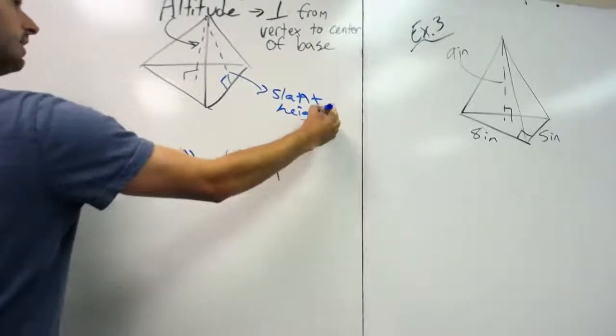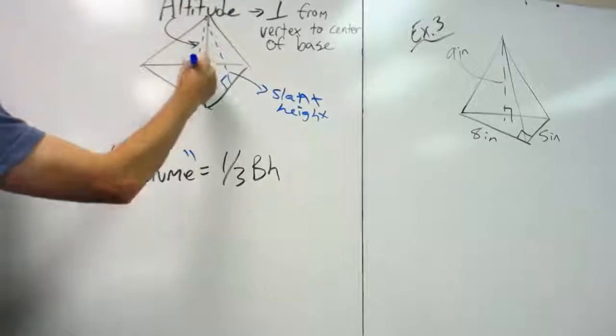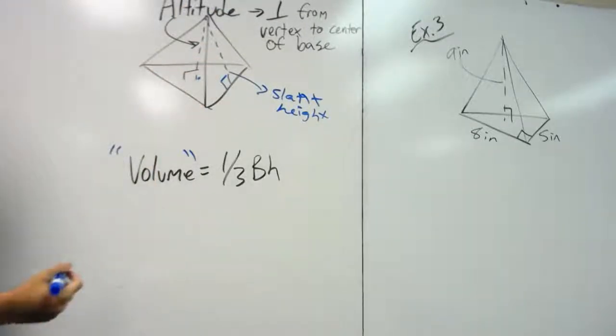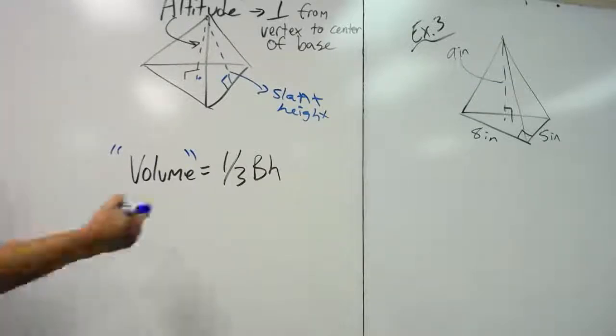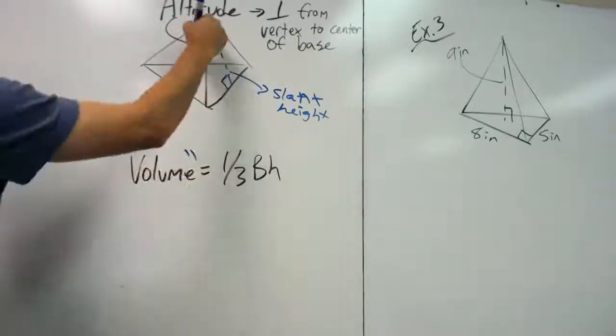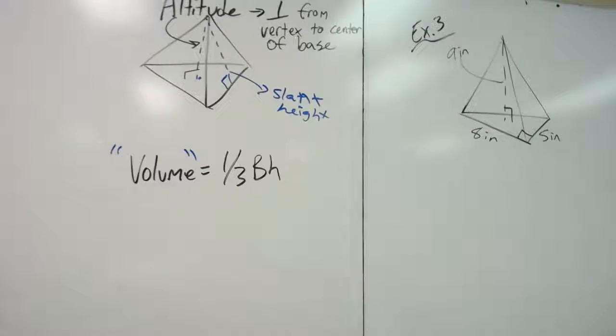However, the height is when you go from the vertex to the center of the face of the base, and it is perpendicular. That changes things. Our height is actually the altitude. You can call it the height or the altitude, but it is not the slant height.